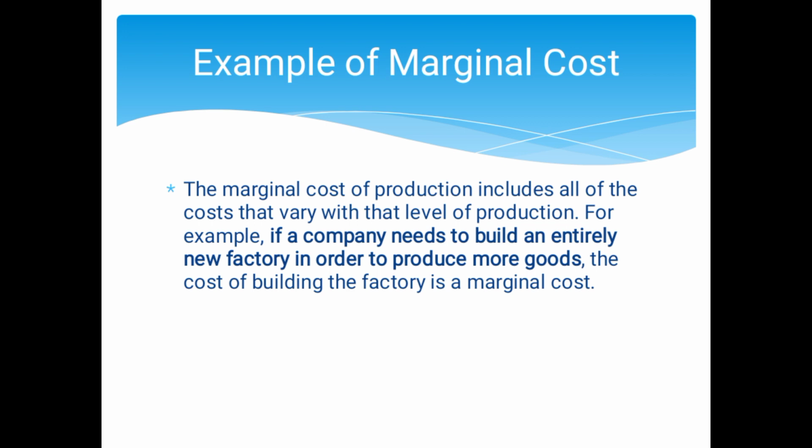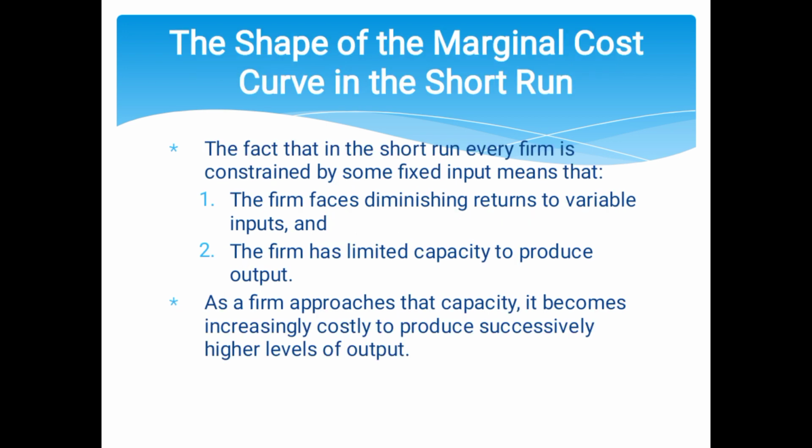Example of marginal cost. The marginal cost of production includes all of the costs that vary with the level of production. For example, if a company needs to build an entirely new factory in order to produce more goods, the cost of building the factory is a marginal cost. This is the shape of the marginal cost curve in the short run.